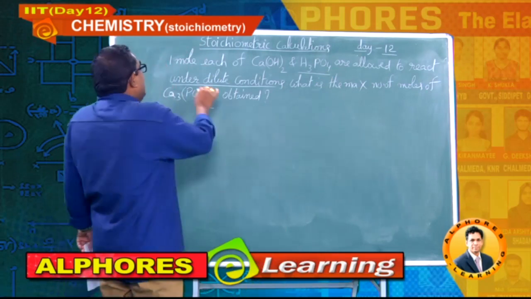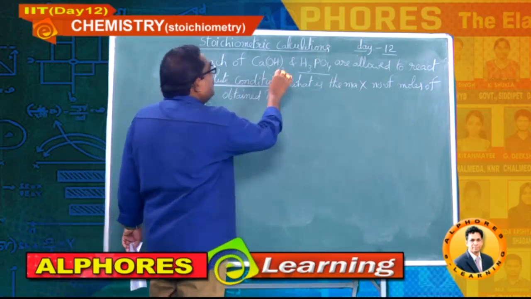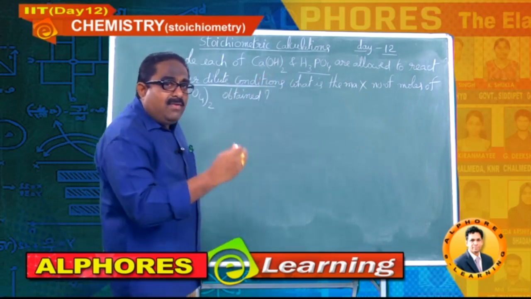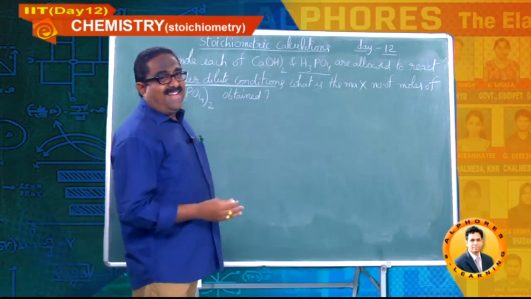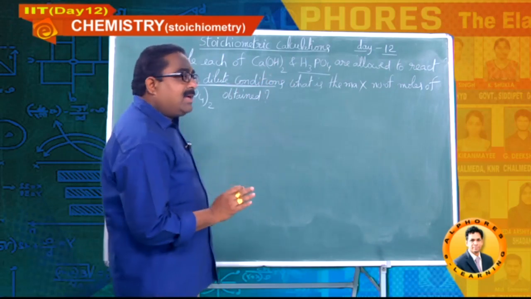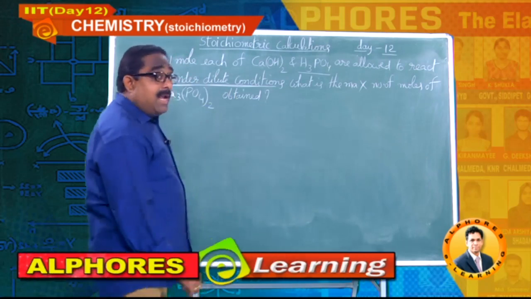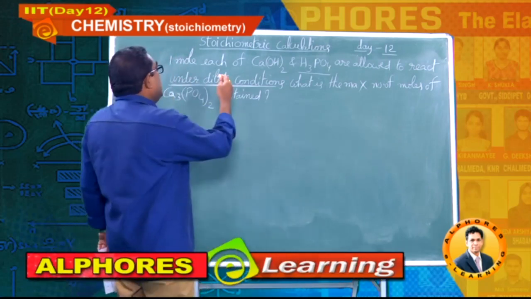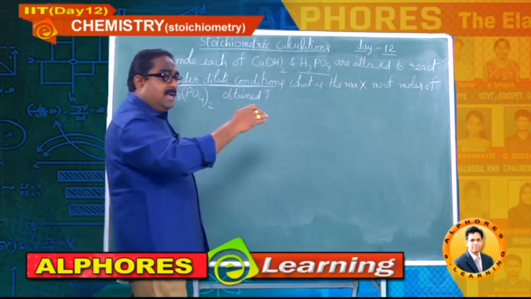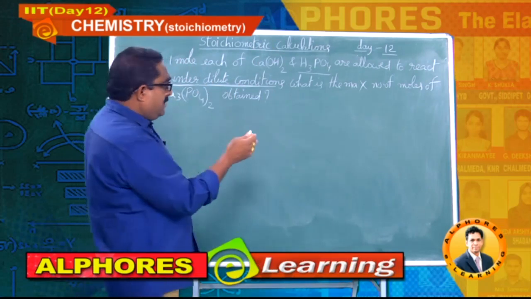That's why he has mentioned dilute conditions. At dilute conditions, it will undergo 100% ionization. For that purpose, he has mentioned this. Okay, that will be discussed in the ionic equilibrium chapter, not here.